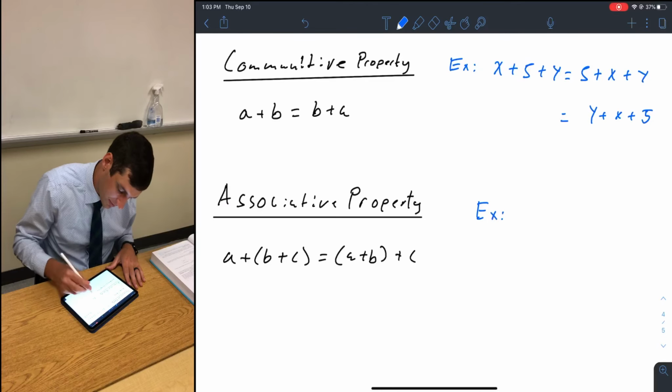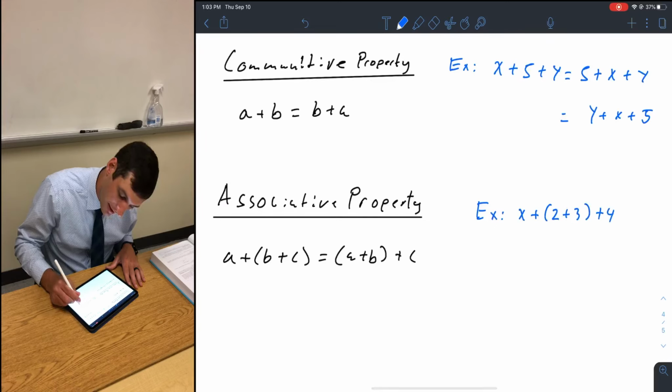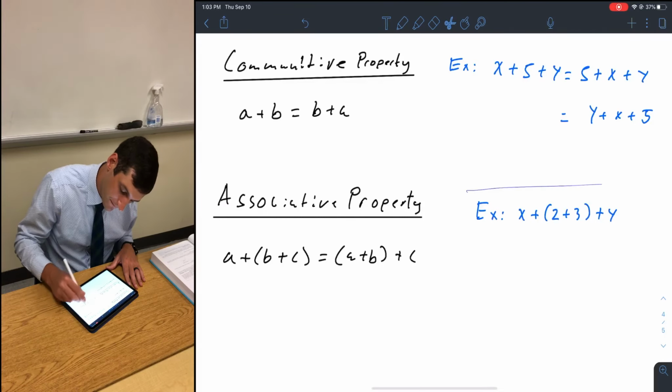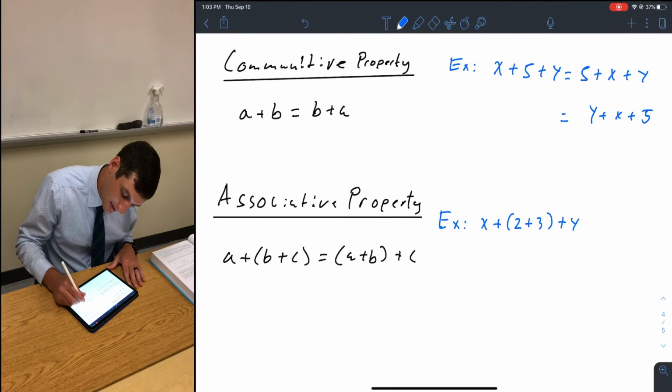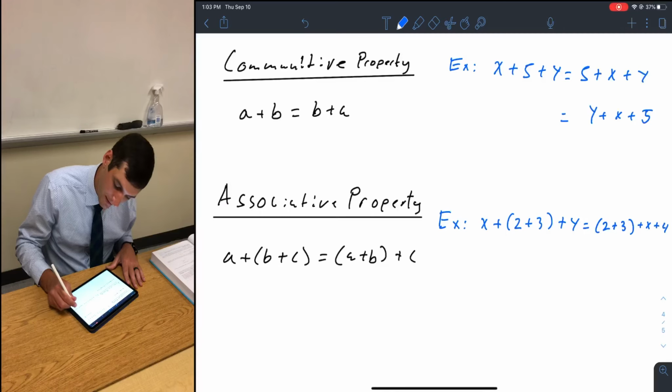So an example of this would be, let's say, x plus 2 plus 3, and I'm going to add a y at the end of this. I'm going to write this equal to, well, I'll just move it over to give myself more room. Is equal to 2 plus 3 plus x plus y.